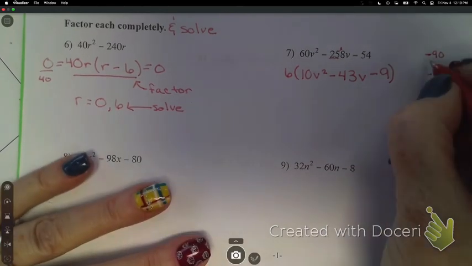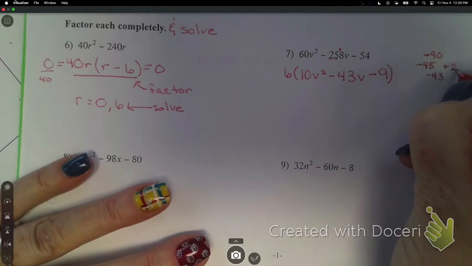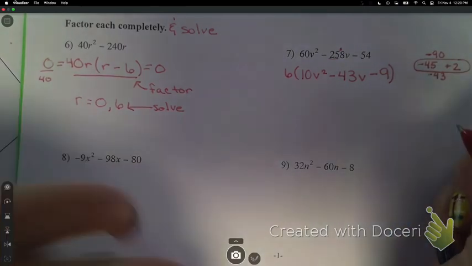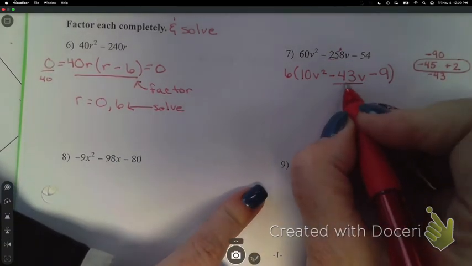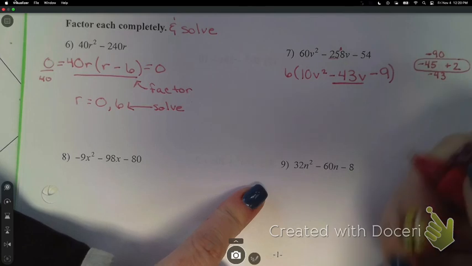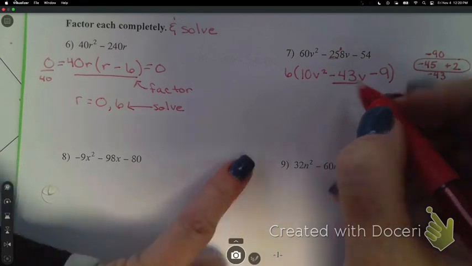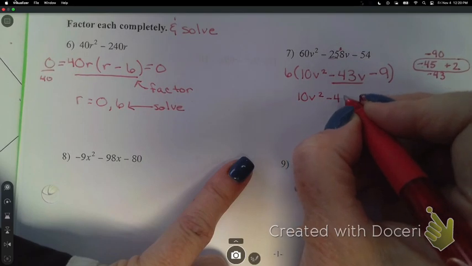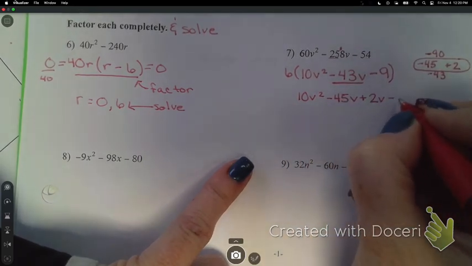We could do this without it, but I'm going to do the whole thing for you. So we're going to take these two right here and replace this 43, because negative 45 plus 2 is negative 43. So we're going to write it as 10v squared minus 45v plus 2v minus 9.